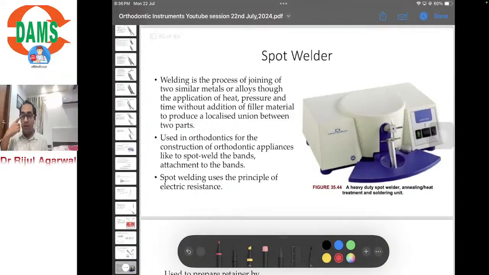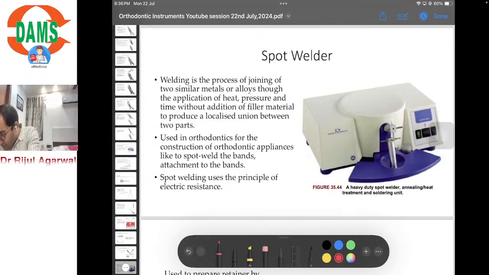Next comes the spot welder, again a very commonly asked question. Identify the instrument. This is a spot welder used for welding bands together, welding brackets to those bands, okay, with a wide variety of uses in the orthodontic field. It uses the principle of electrical resistance.